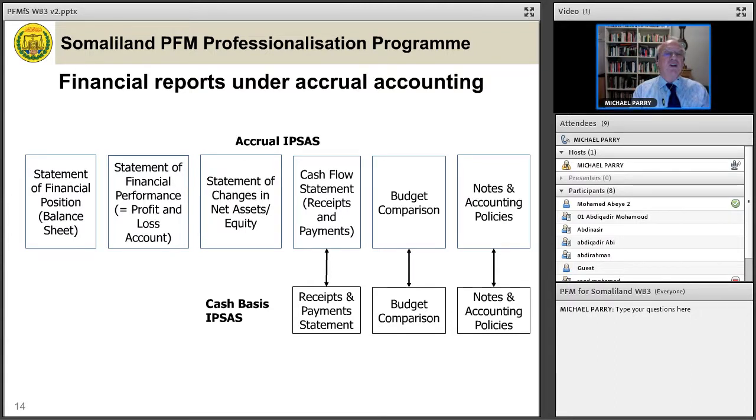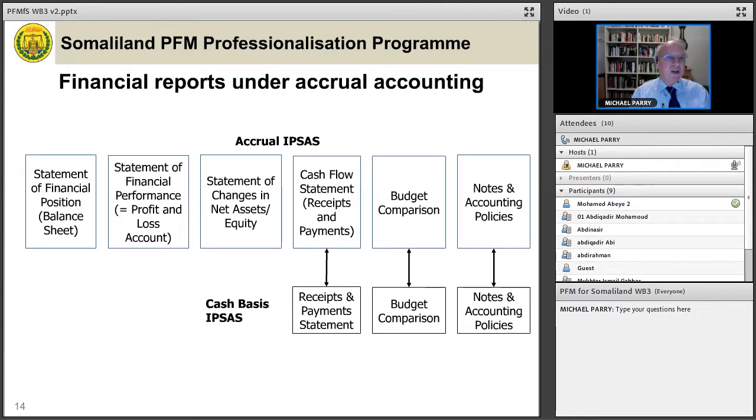Statement of changes in net assets/equity. This is the total change between the opening balance sheet and the closing balance sheet. The cash flow statement, sometimes referred to as receipts and payments, a comparison with the budget, and your notes and accounting policies.